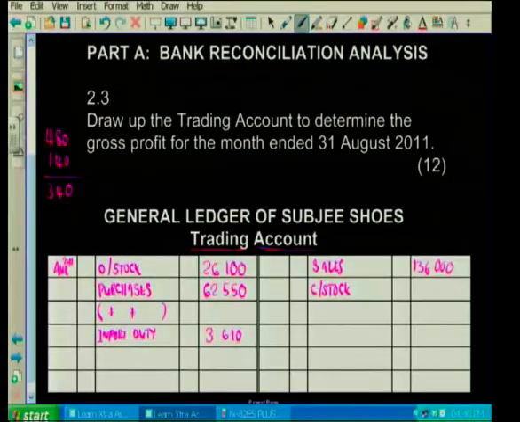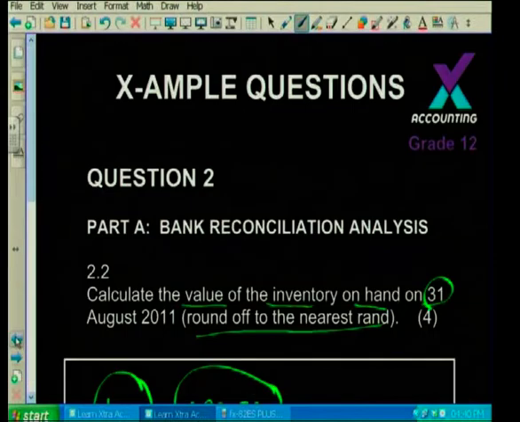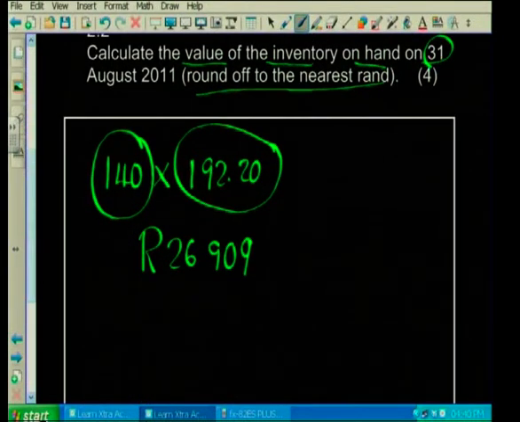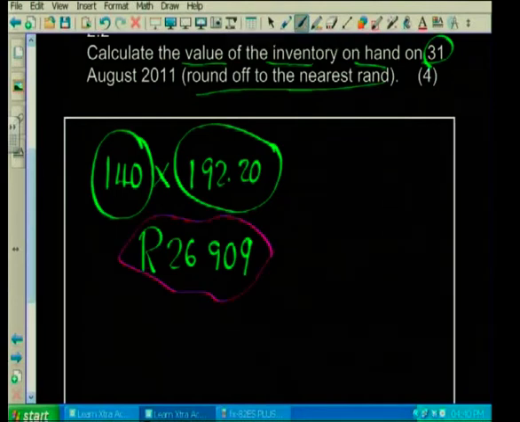What else must I bring in? I now need to bring in my closing stock, also referred to as final stock. And remember, I calculated this, didn't I? Where did I calculate it? Here it is. That's the figure that I'm looking for, 26,909.